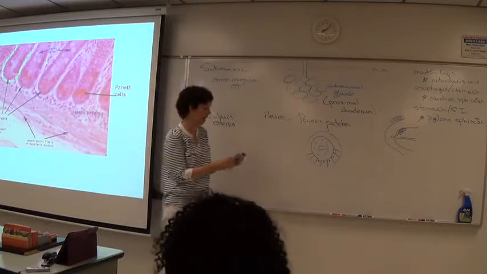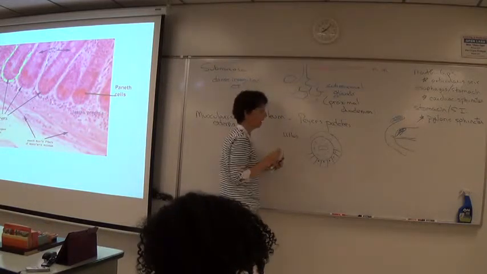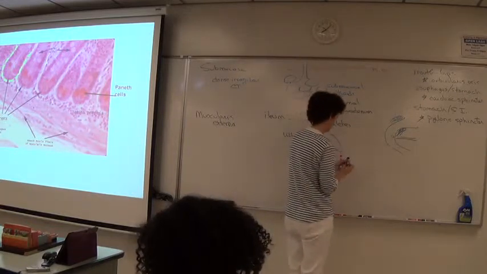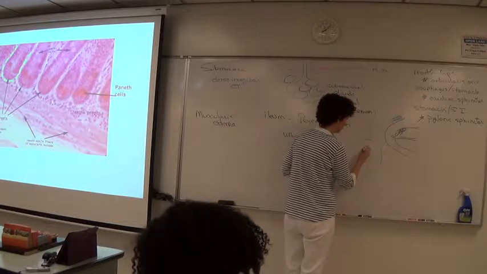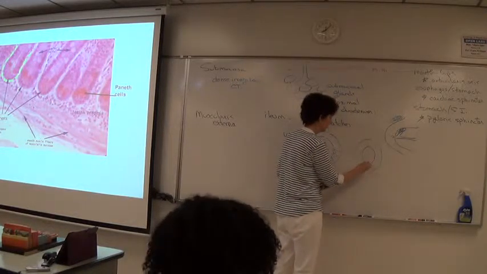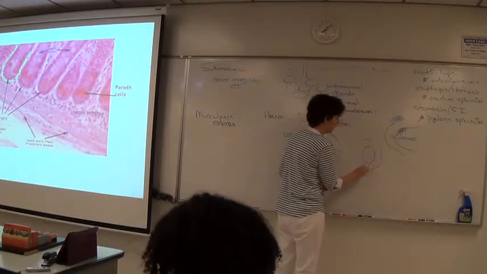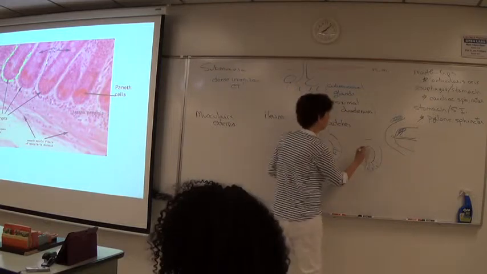Now, if we were looking at a gland, so this would be the villus. If we were looking at a gland, that's going to be hollow in the center. The columnar nuclei are going to be facing away from the lumen.